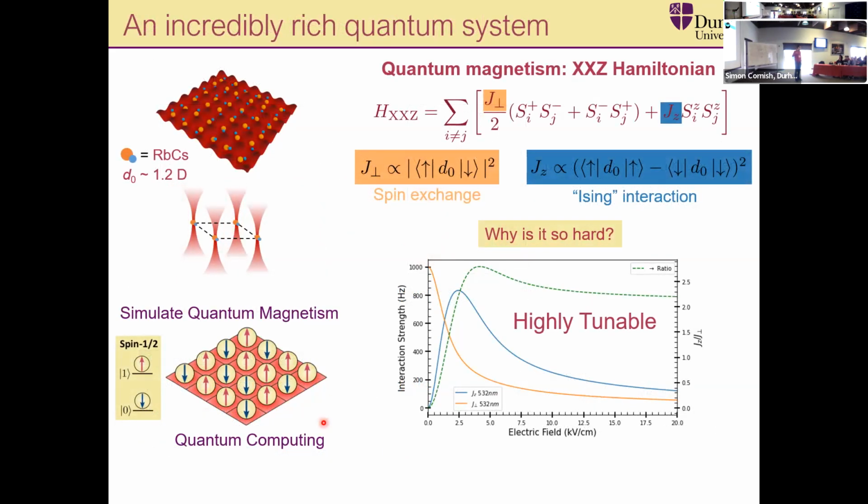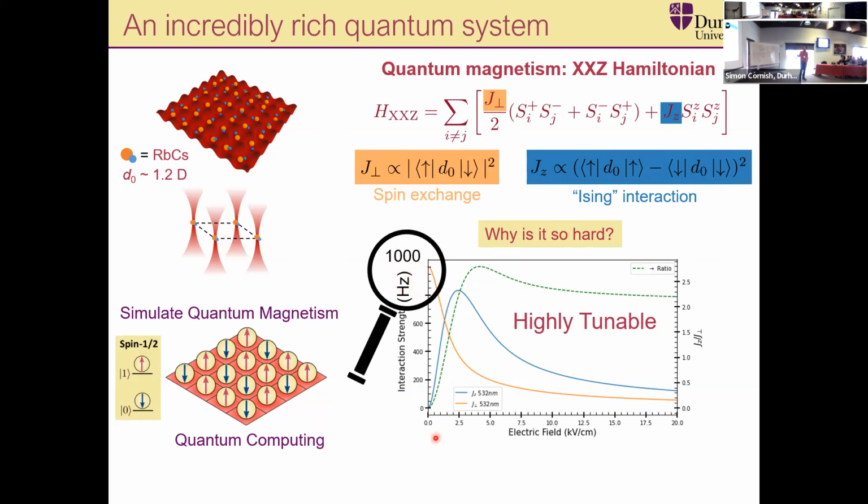So with so many possibilities, the question is, why is it so hard? Right? It's so wonderful. Why isn't the whole world working on this, doing fabulous experiments? And it is actually hard, and I want to emphasize that it's hard. If you look carefully, this is why.